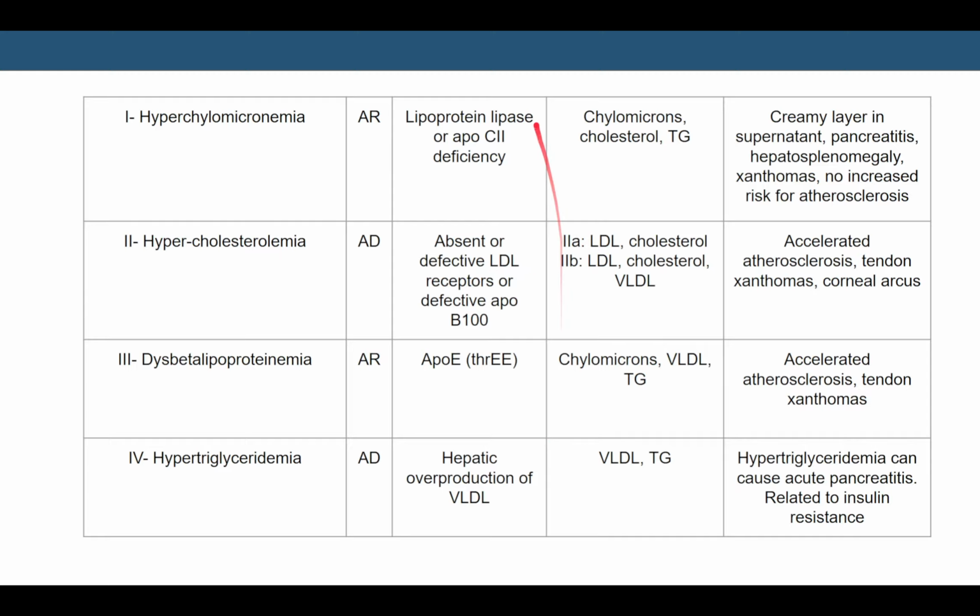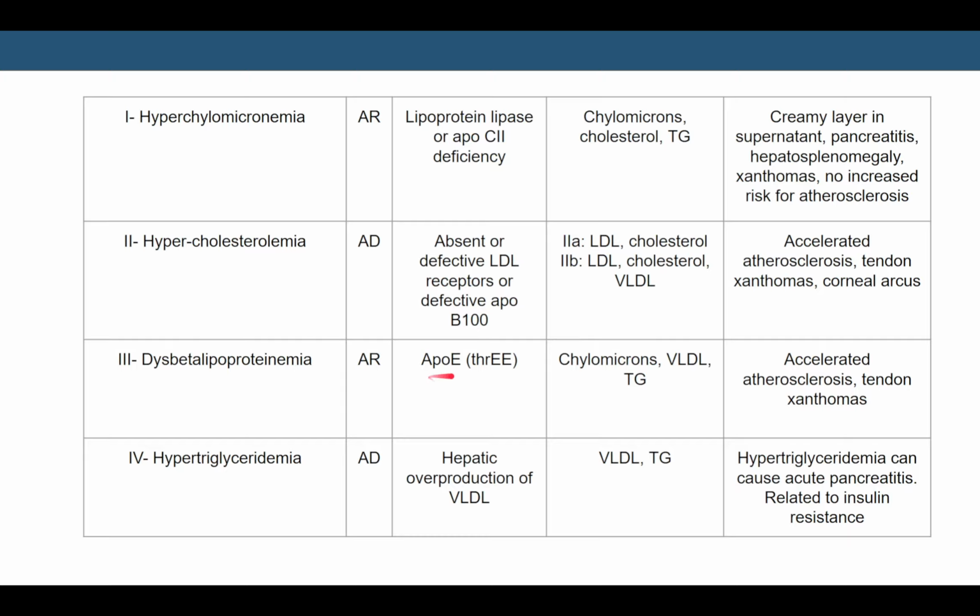Now of course with type 1 we said the cause of it is LPL deficiency. Sometimes it's ApoC2. So C2, C2, and you have hyperchylomicronemia. So the C with the C, okay? So ApoC2 deficiency or lipoprotein lipase deficiency. LPL. Then we have LDL, so defective or absent LDL receptors or defective ApoB100.